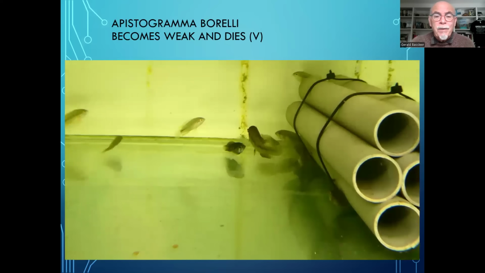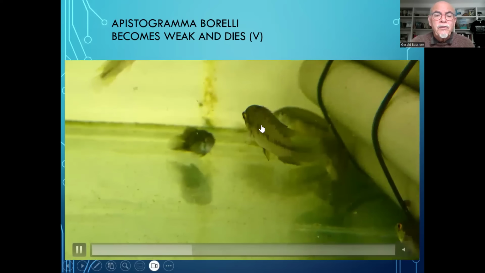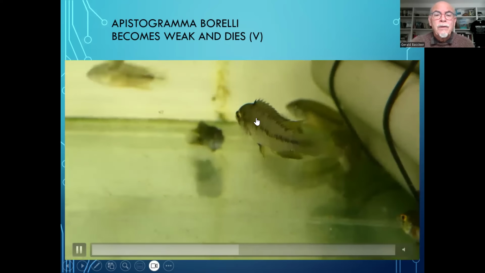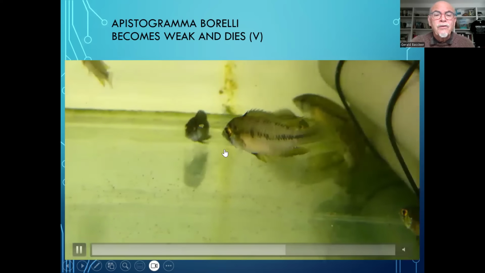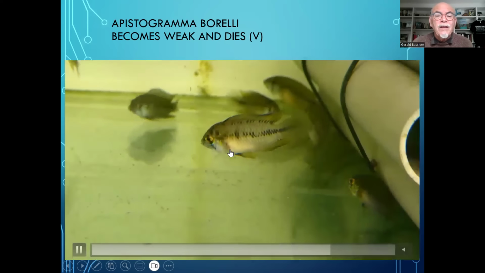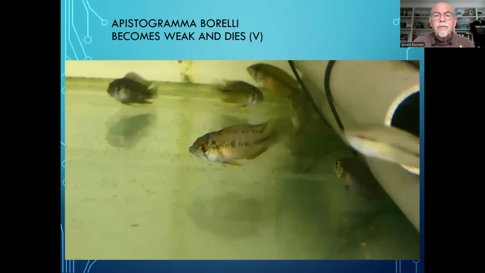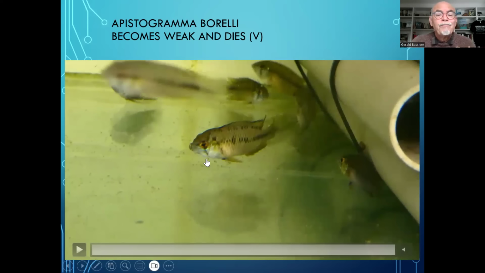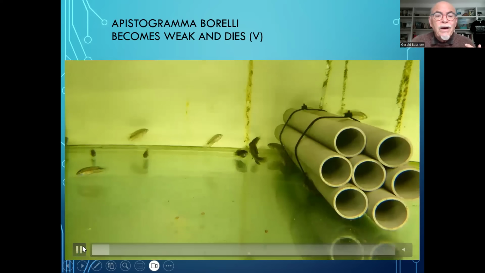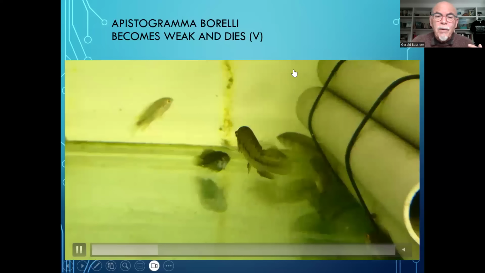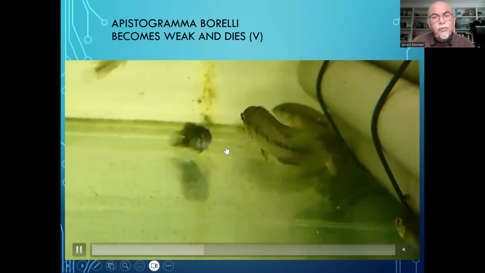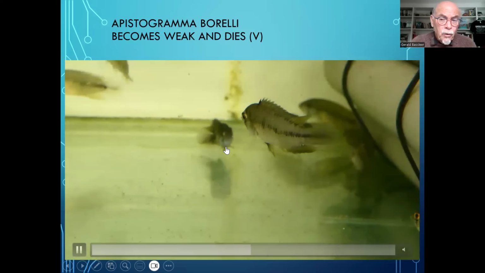Here, the Apistogramma borelli, you can see in these 2 dark ones here, they become weak. You see the gills. Covers are extended, heavily breathing. Fish are suffering, not doing well. Some are still okay and swimming well and eating well, but those few show something is going on.